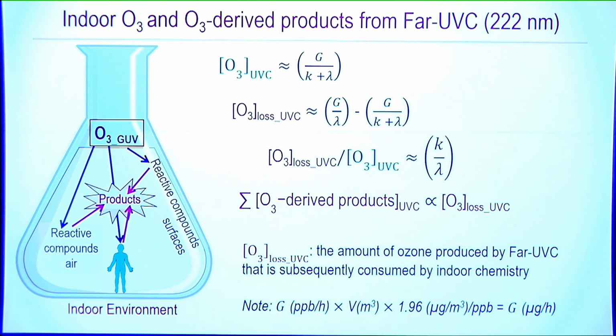Once again, we can estimate the ratio of these ozone loss to ozone from Far-UVC, it's the ratio of K over lambda. A little bit of the algebra will show you that that's really the case. And the net concentration of products, ozone-derived products, resulting from turning on those lamps, that can be estimated by ozone loss.